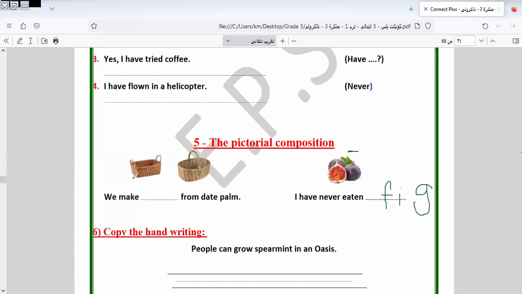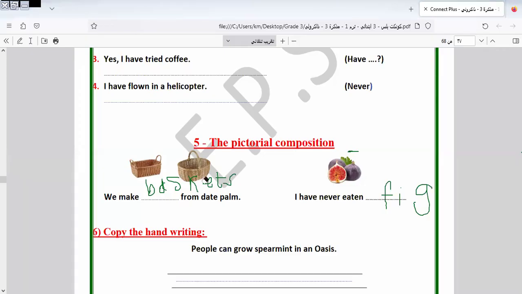This is fig, and here is basket. Okay. We will make baskets, the baskets, because it's plural.